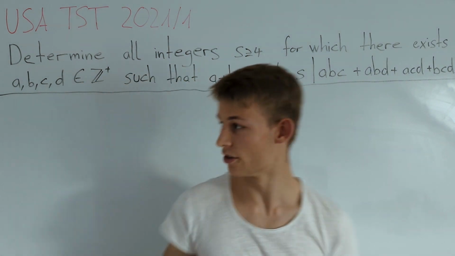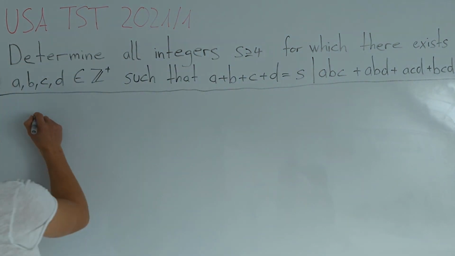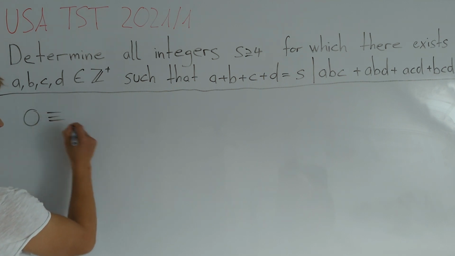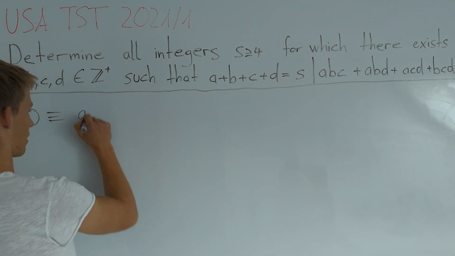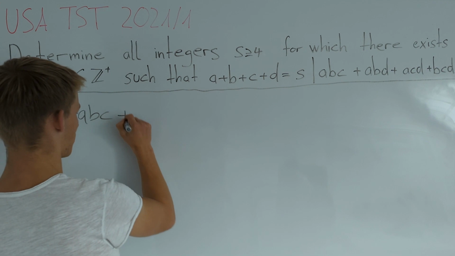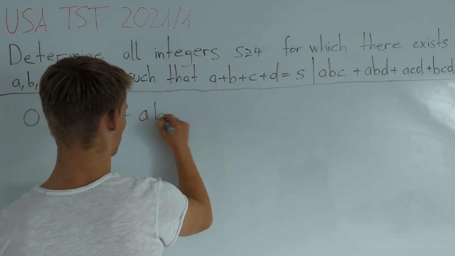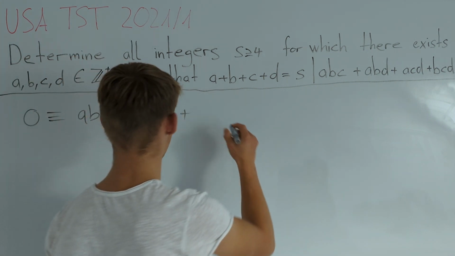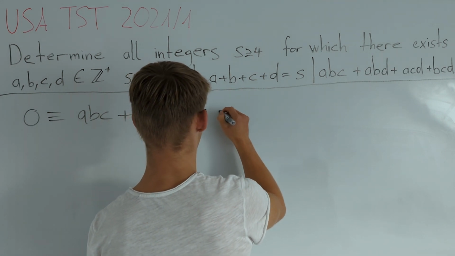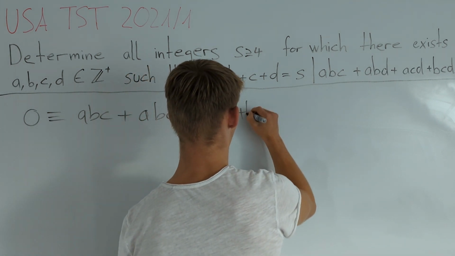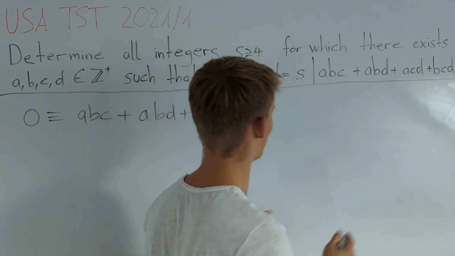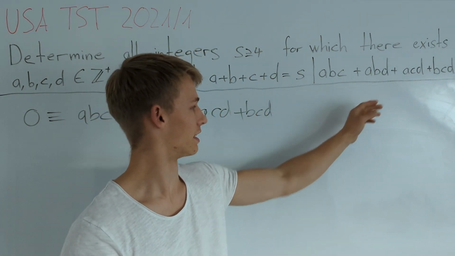So we can write down that 0 is congruent to abc plus abd plus acd plus bcd, because s divides the right hand side here.